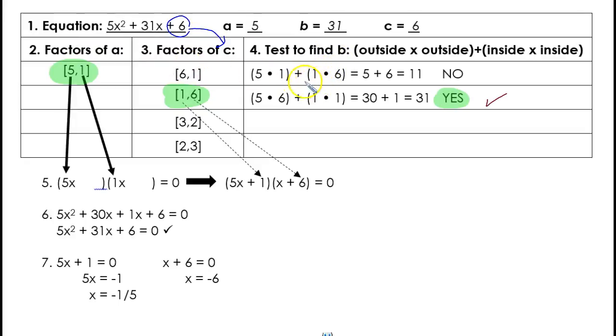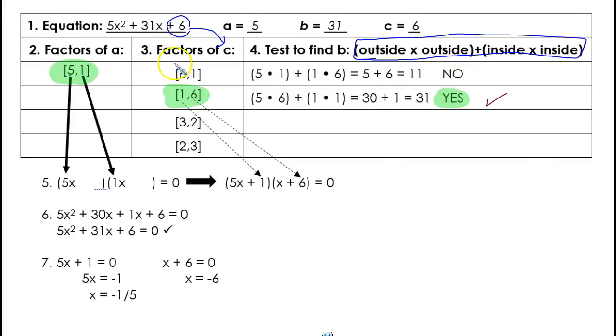We'll see in later problems that we won't have all positive factors over here. When we test them out, it's really important that you pay attention to the directions here. We're essentially going to FOIL this. We're going to multiply the outside times the outside and the inside times the inside to check this out.